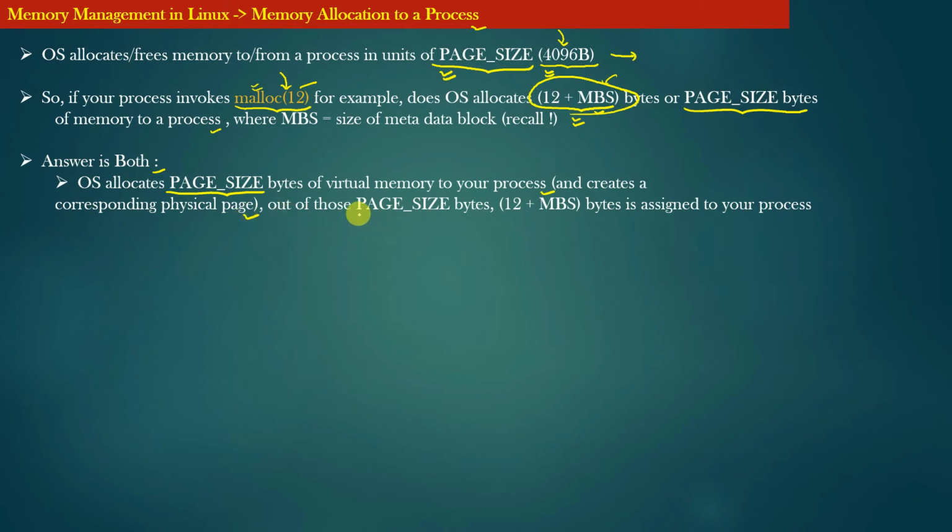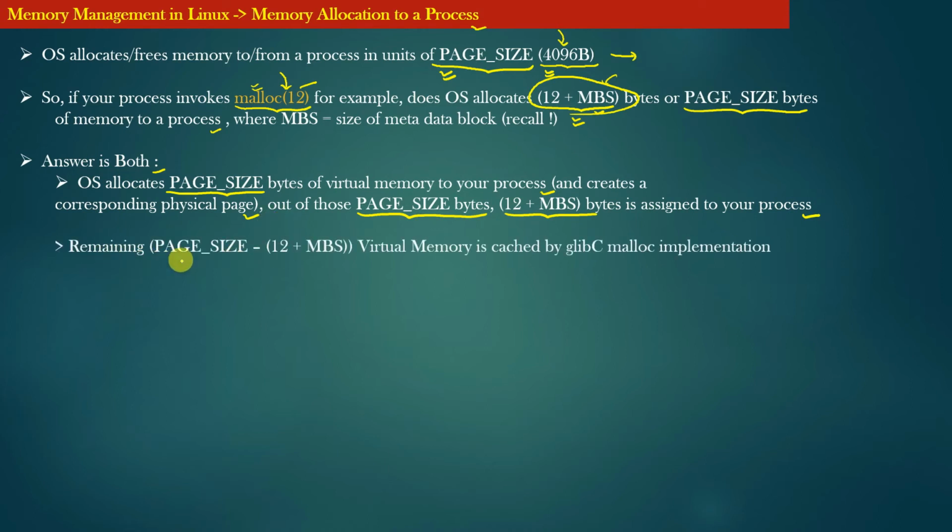And out of those 4096 bytes of memory, only 12 plus MBS bytes of memory is assigned to your process. The amount of memory that is remaining is page size minus 12 plus MBS. And this amount of virtual memory is cached by the glibc malloc implementation. That is, the malloc function stores the virtual page that has been assigned to your process, and from that virtual page, malloc provides only 12 plus MBS bytes of memory to your process to be used.